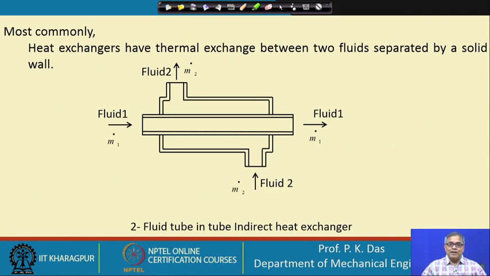And probably the most basic construction of a heat exchanger is shown in this particular slide, which is called a two fluid tube in tube indirect heat exchanger. Some terminologies are to be explained.